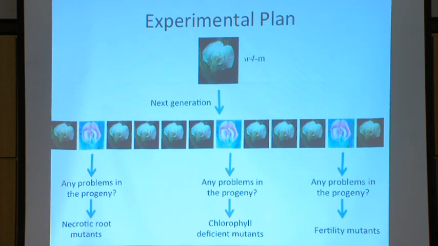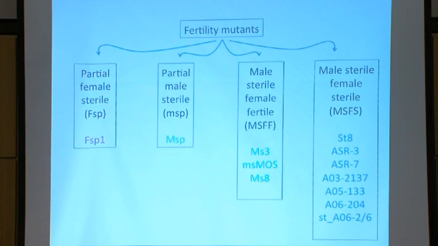And the third group, fertility mutants. There were several different types of fertility mutants, and this is the part we are most interested in. When we looked at fertility mutants, there are 4 big groups. One, there are partial steriles, partial female sterile, partial male sterile.